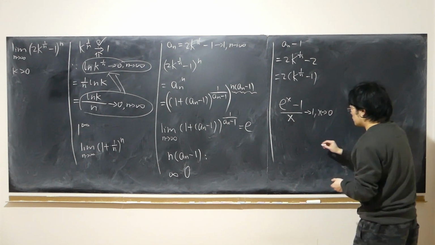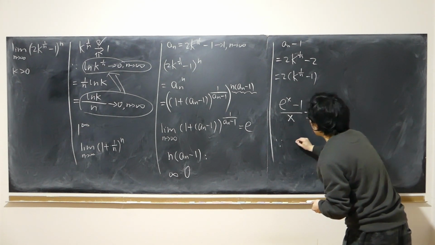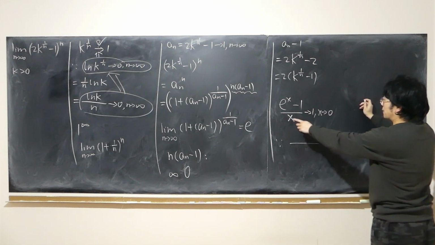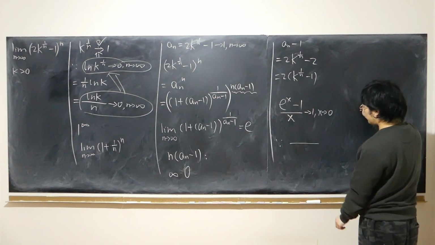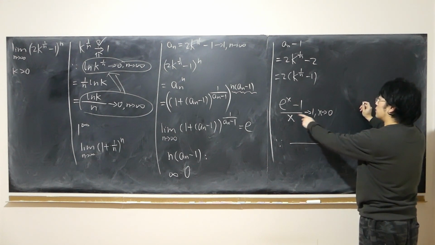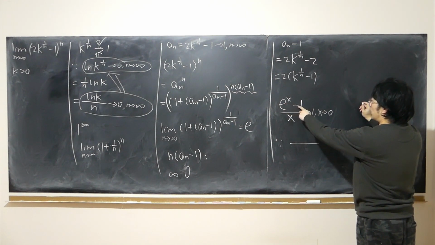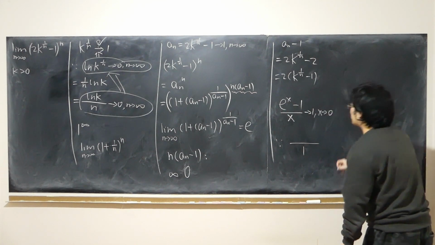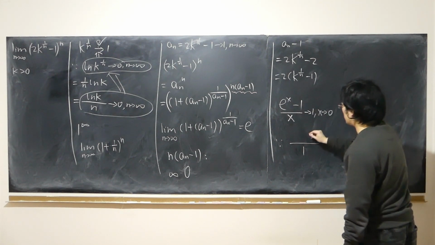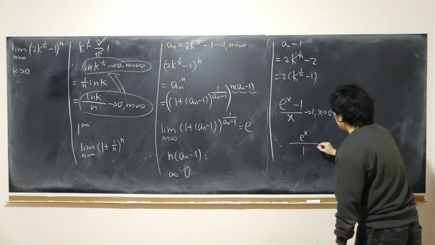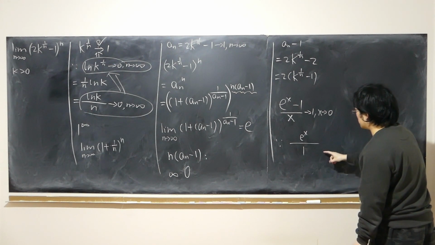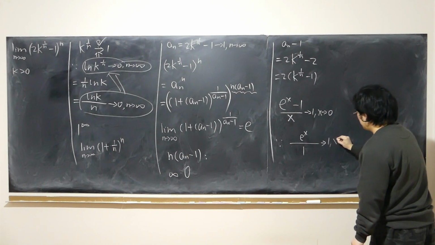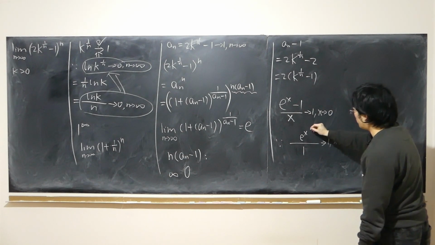The reason is that it's a 0 over 0 type: as x approaches 0, e to the 0 is 1, 1 minus 1 is 0. So we differentiate and get e to the x, which approaches 1 as x approaches 0.